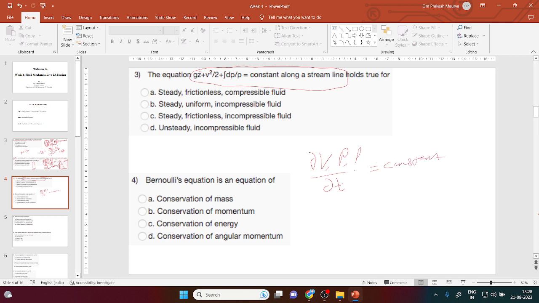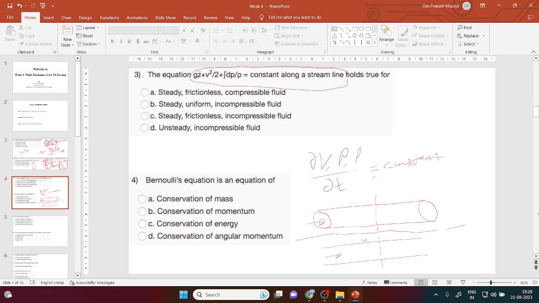For example, consider a pipe, or you can consider an open channel, whatever. Let's say you consider an open channel and you are looking from the side view at a particular location.